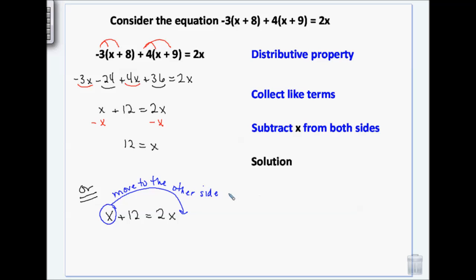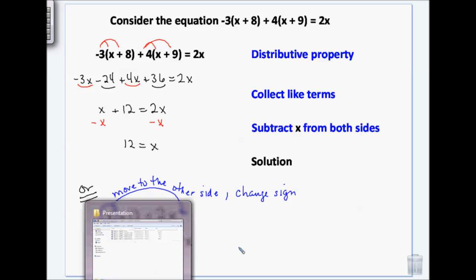So you have to change the sign. You can pick up anything you want. Like I could have picked up this 12 and moved it over, that's fine too. But if I do that, I have to change the sign. So this becomes 12 is equal to 2x minus x instead of positive x. So 12 equals x.